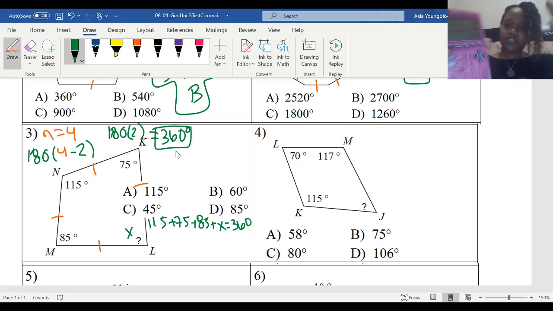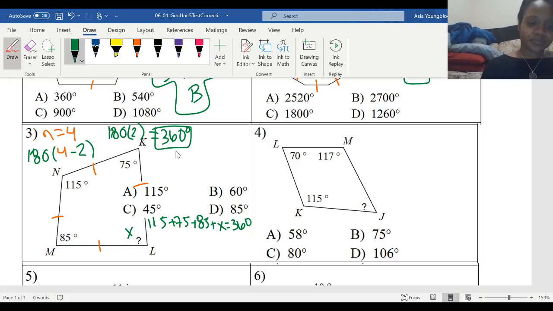We're combining those because they're all like terms. So we get 275 plus x equals 360. Subtract 275 from both sides. So we get x equals 85, which is going to be D.